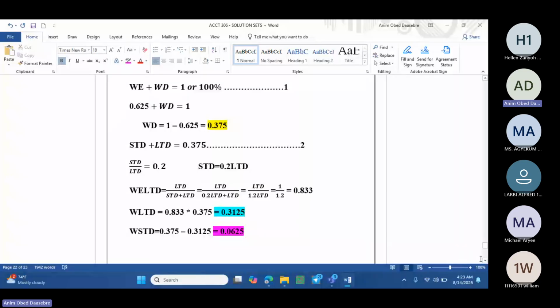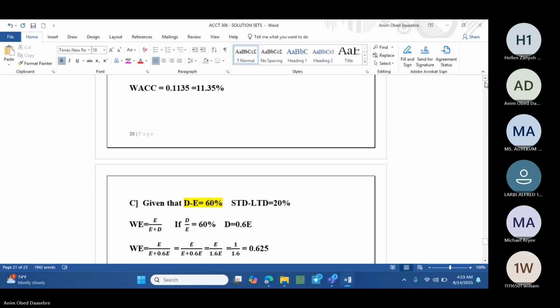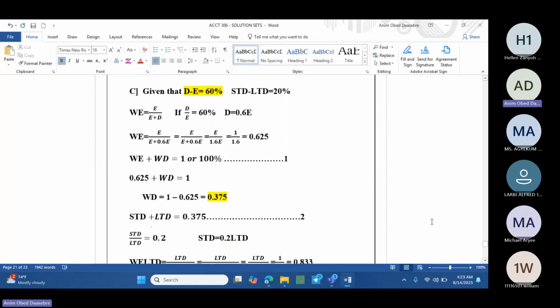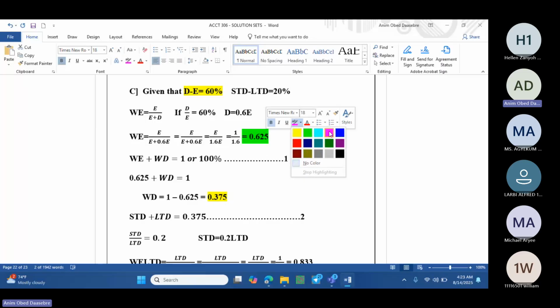Okay, so now we have been able to compute the various weights that we need to use in the formula. Now we have the weight of equity also, and that of the short term and long term.